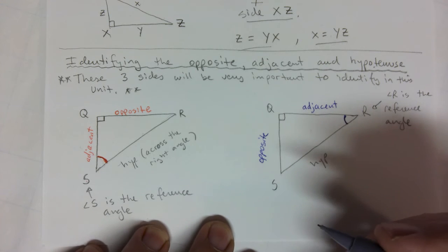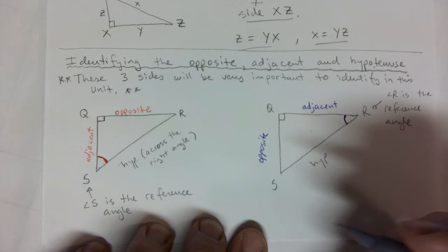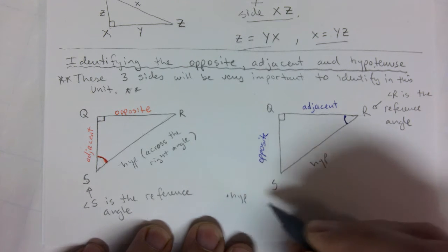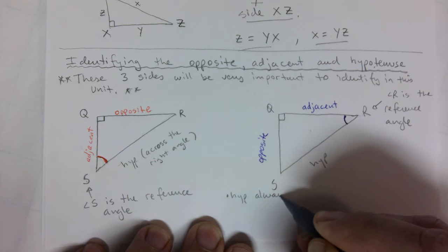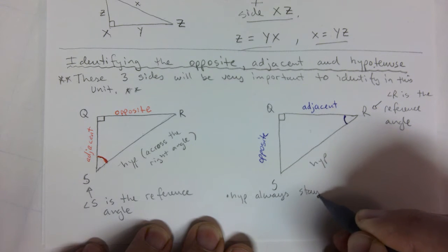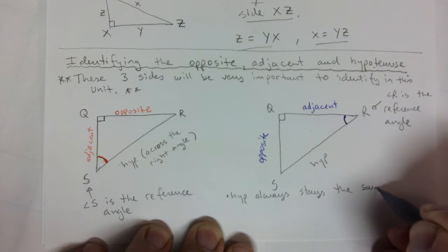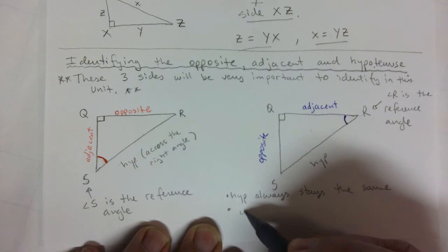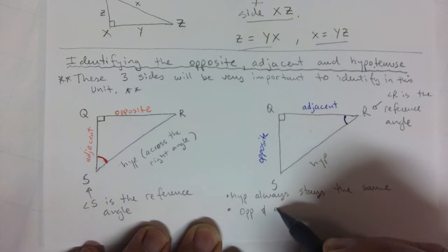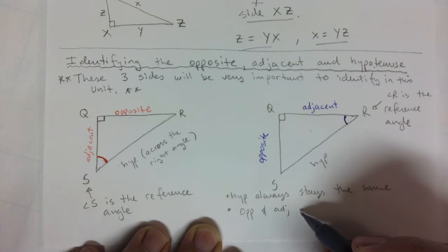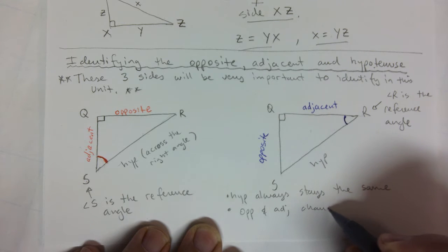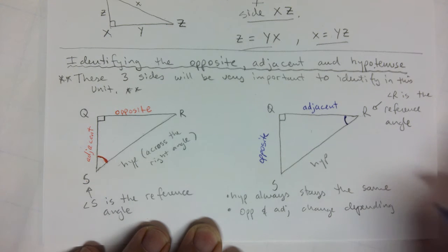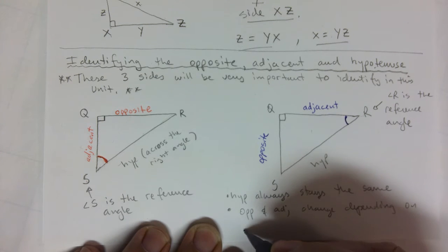So I'll make a note here. Hypotenuse always stays the same. And you will say that opposite and adjacent change depending on the reference angle.